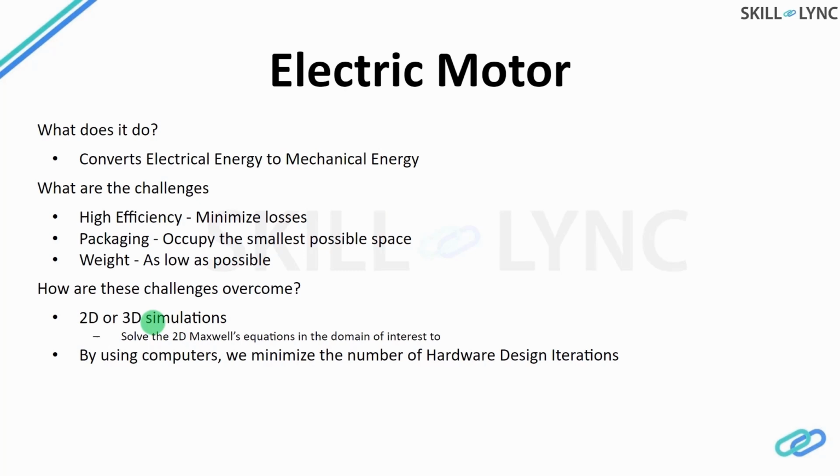When you solve Maxwell's equations, you solve for the magnetic field, and you can determine the performance characteristics of an electric motor and also various losses that are typically found in the electric motor.